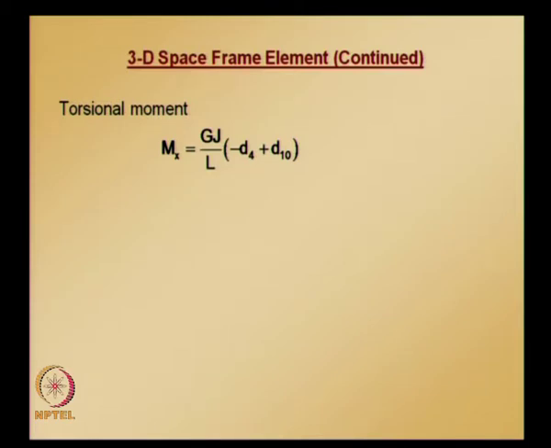They comprise all the 3 translational degrees of freedom at node 1, 3 rotational degrees of freedom at node 1, again 3 translational degrees of freedom at node 2, 3 rotational degrees of freedom at node 2, and moment My is obtained using this formula.